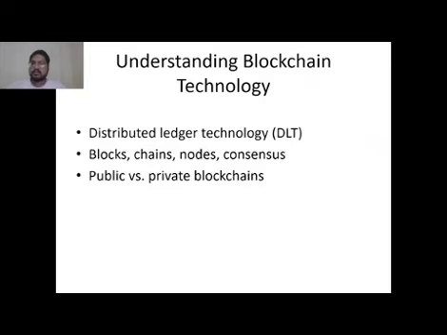In cybersecurity, the consensus mechanism and cryptographic foundation of blockchains are key assets. So these are the key points in understanding blockchain technology: distributed ledger technology, DLT, blockchains, nodes, consensus, public versus private blockchain.